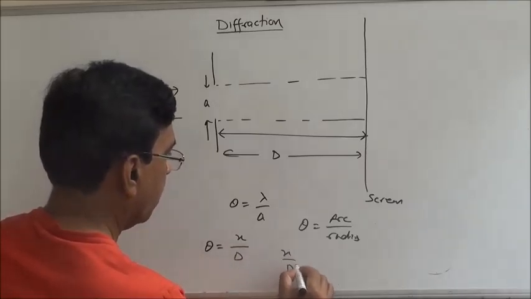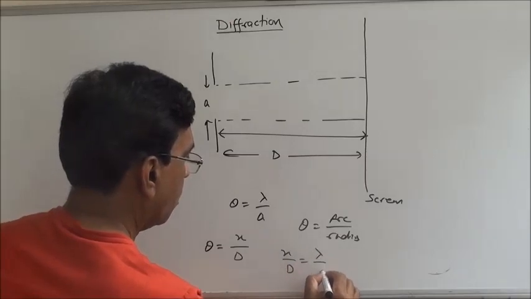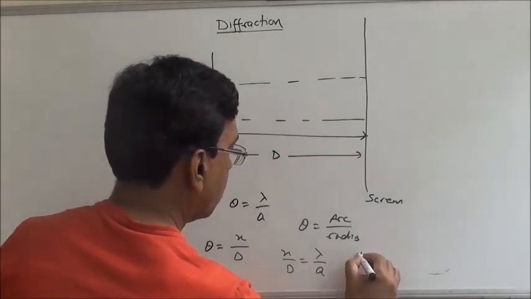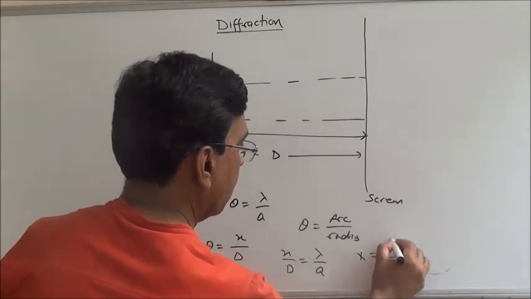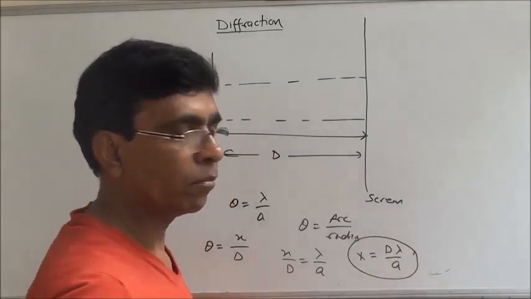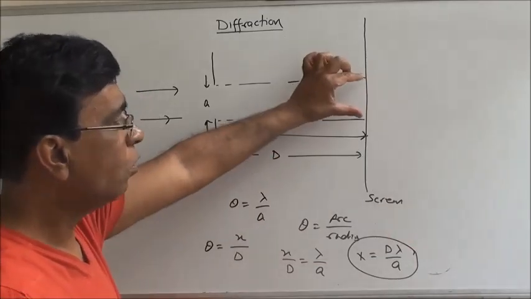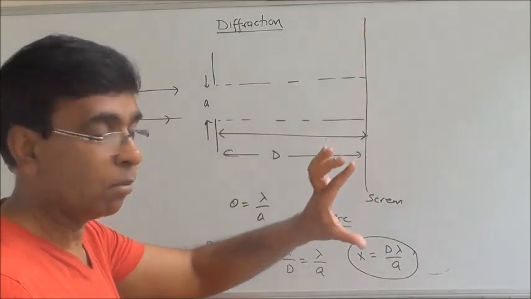So x by D is lambda by a, or x is D lambda by a. This will be the width of the beam.